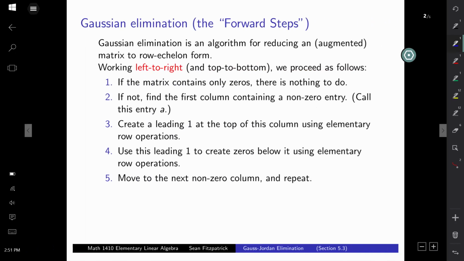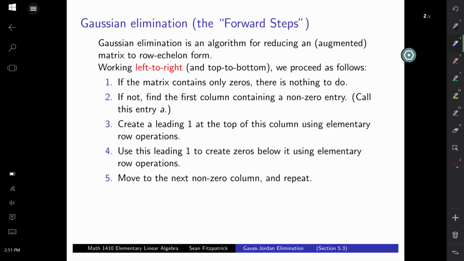So the Gaussian algorithm, we mentioned this last time, gives us these forward steps, right? We move from left to right and top to bottom, and we create our leading ones. We saw one example; we ended with an example last time. So moving from left to right in each column, we create a leading one, and we make sure there are zeros below that leading one.